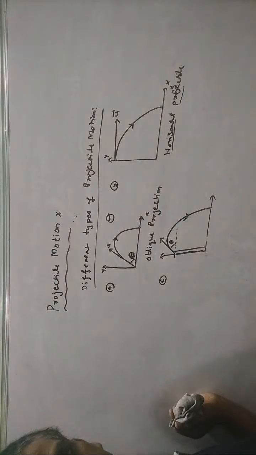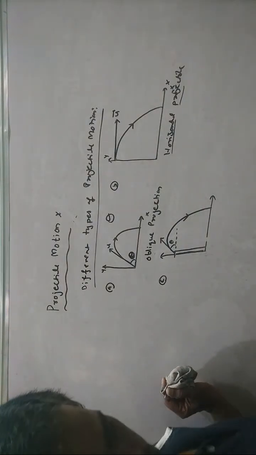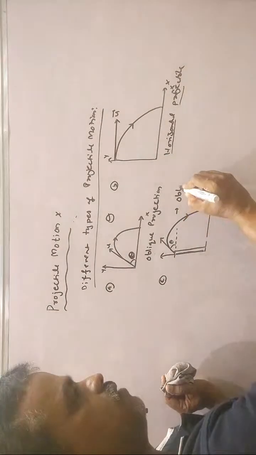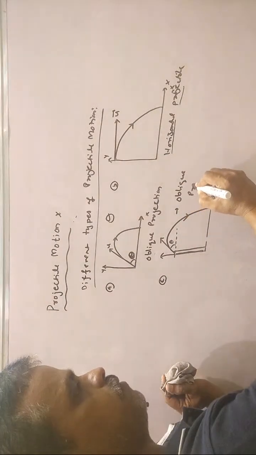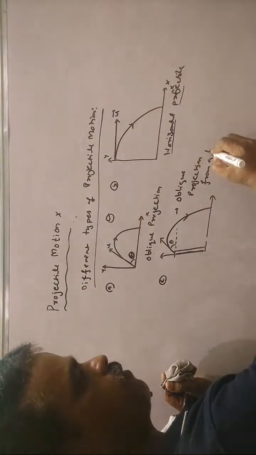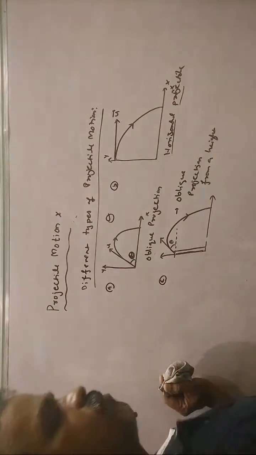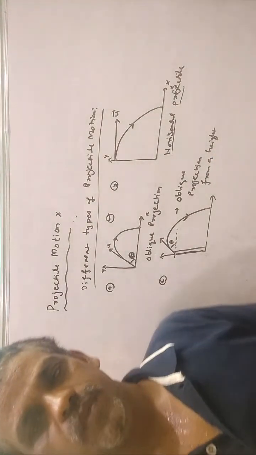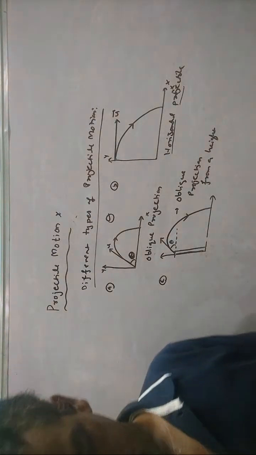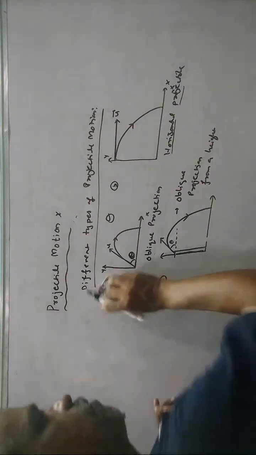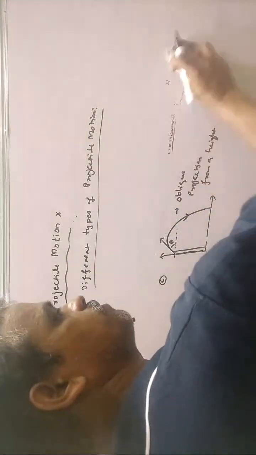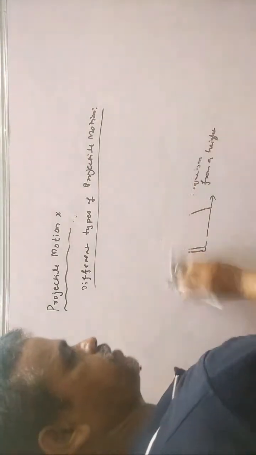This motion is oblique projection from a height. So this is the third type. Next, I am rubbing this one. Just today I give these graphs only. Tomorrow I will explain.